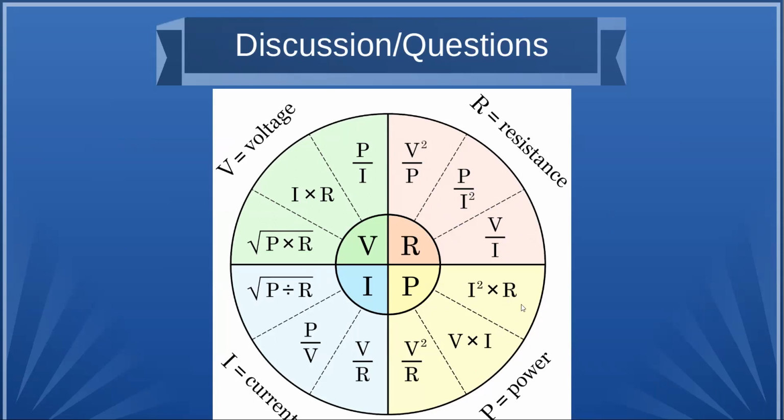Same thing for wanting power. So these are all derived from those first 2 equations, the power law and Ohm's law. And I don't remember all those off the top of my head. If I have to, I just derive it again, because I do remember Ohm's law and the power law. As you get older, you might forget too.